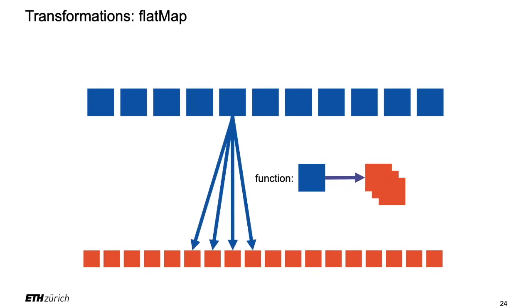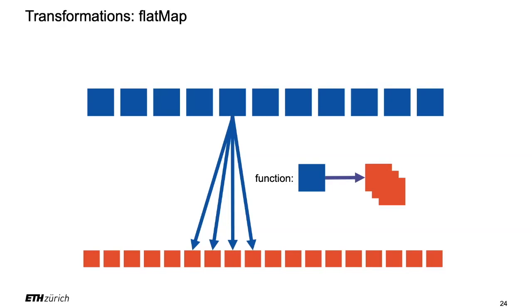Okay. Now, here's the one we saw, the flat map. What's the difference between the two? Well, the difference is that the function that you supply in the case of the flat map can return 0, 1, or more values. Why is it flat? Because you flatten everything. So even if you return multiple values from the same value in the original RDD, you forget where it came from.